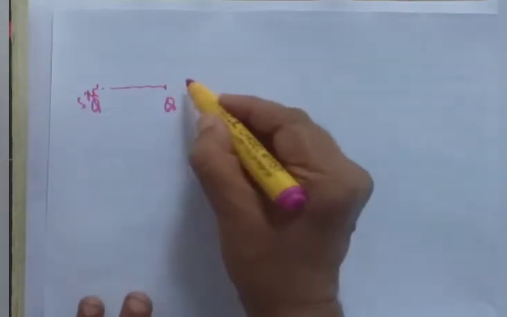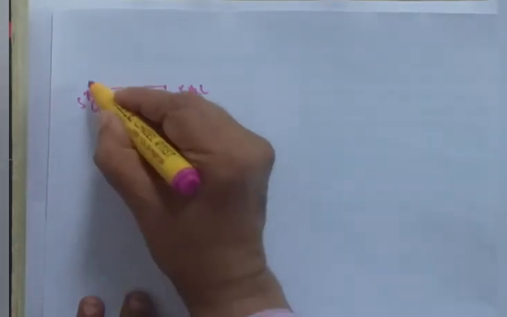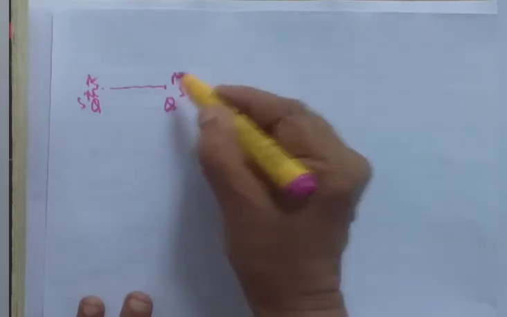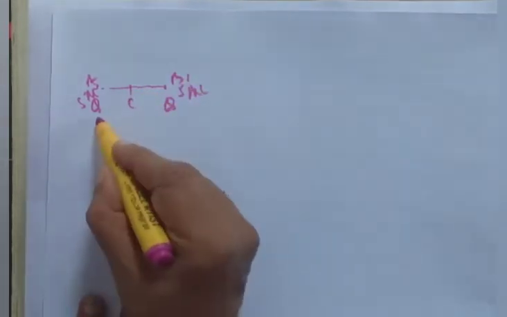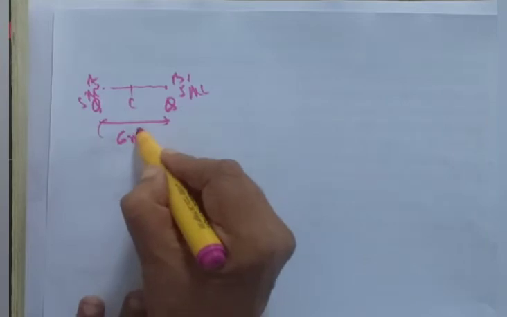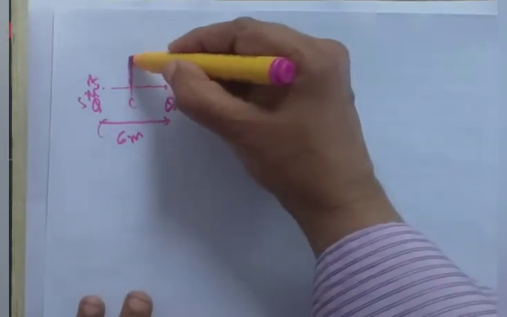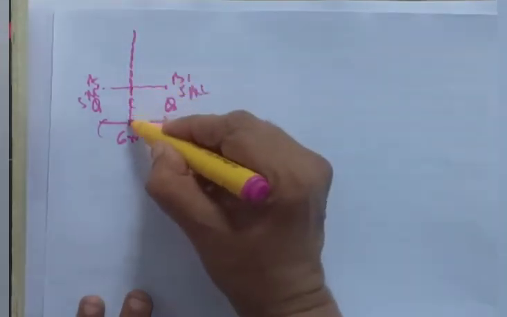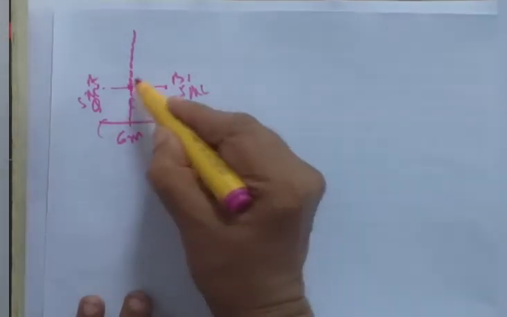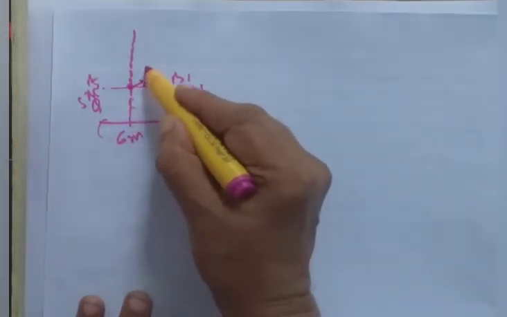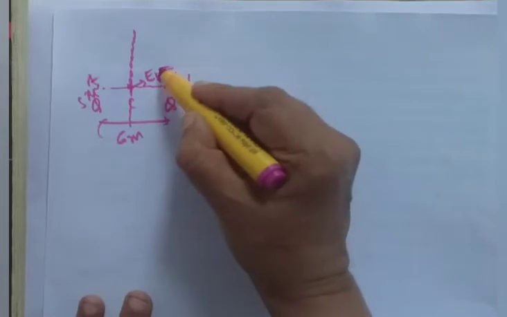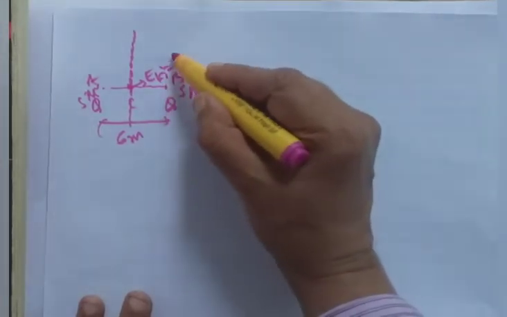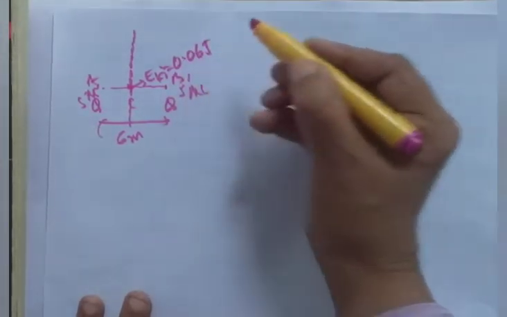We can call them A and B, and C is the midpoint. The distance of separation between them is 6 meter. This is the perpendicular line through which we shot a charge from C with kinetic energy. I write EKI. EKI means initial kinetic energy, 0.06 joules.